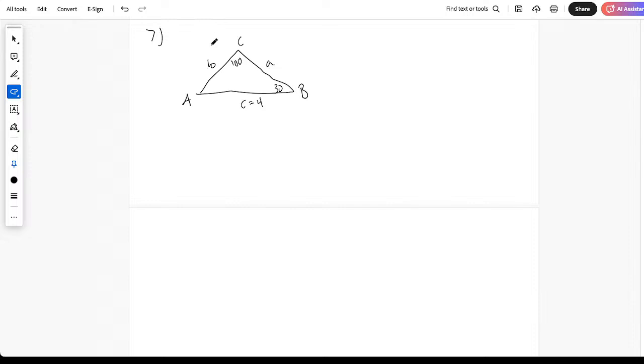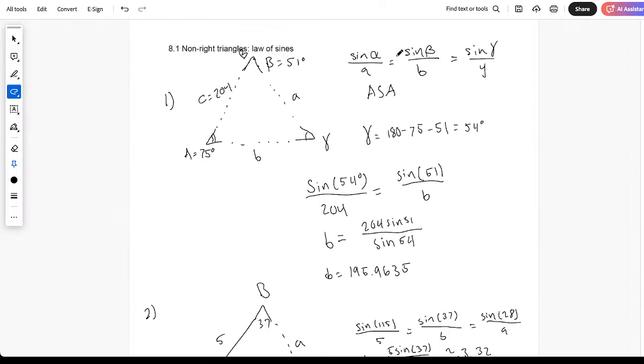So let's do that. So we already have C, which is awesome. And so that would be, well, let me show you. Up here at the top, this is the law of sines. So a sine of an angle over its opposite side. So the sine of A over A is equivalent to any other sine of an angle over the opposite edge.